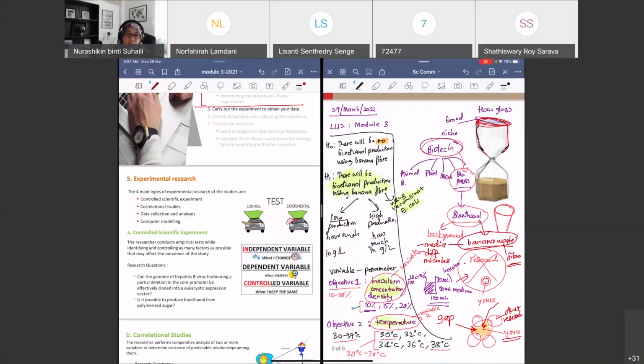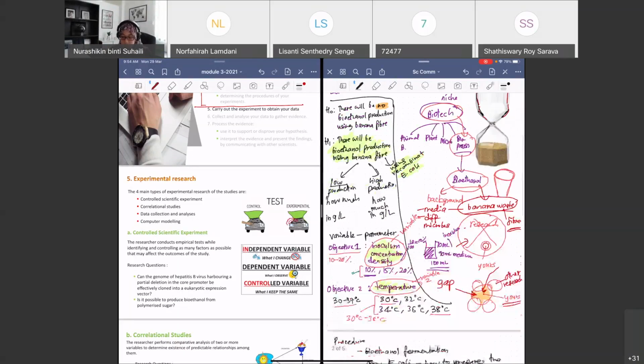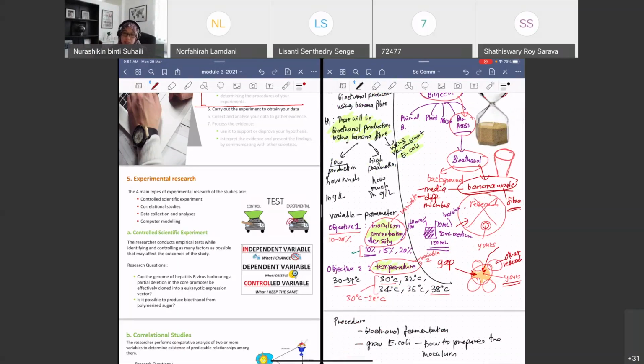So you control variables in order to get the outcomes of your result. That is basically a controlled scientific experiment. The result depends on your control action. And how you control it is you vary the variable. Like in the case here, you vary it from 10%, 15, 20. That is the control. You got it? Okay. Thank you, doctor.